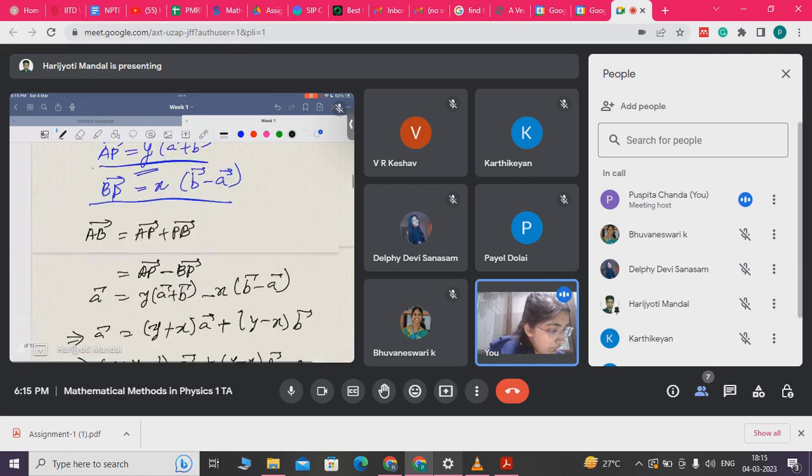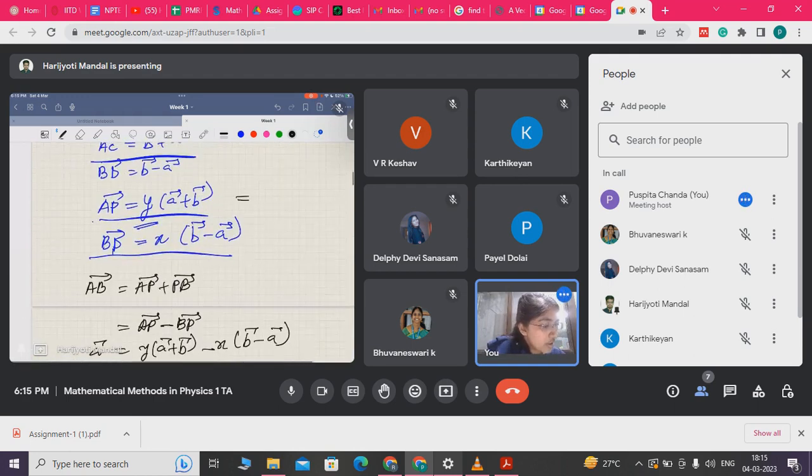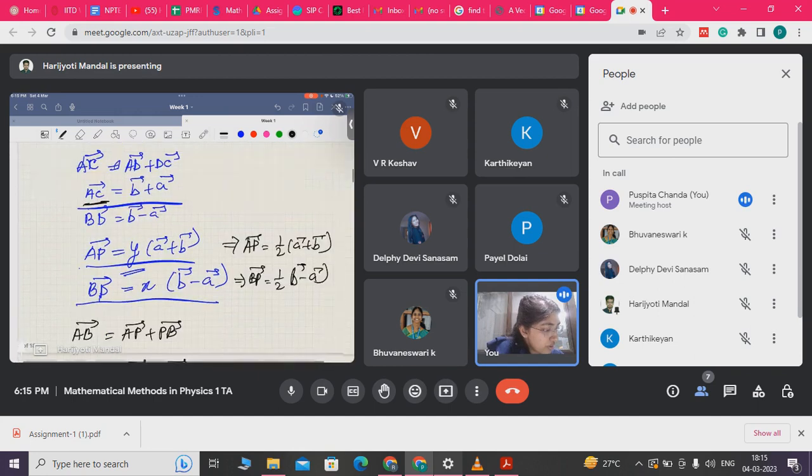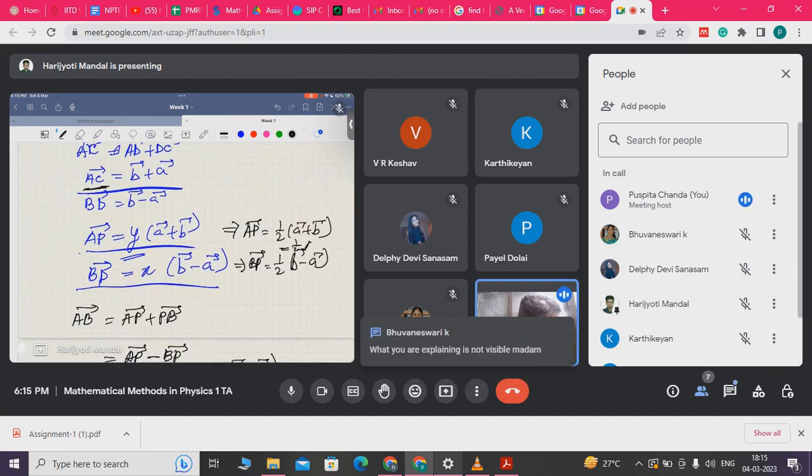So AP is equal to half of A plus B, and similarly BP is half of B minus A. A plus B is AC, so AP is half of AC.